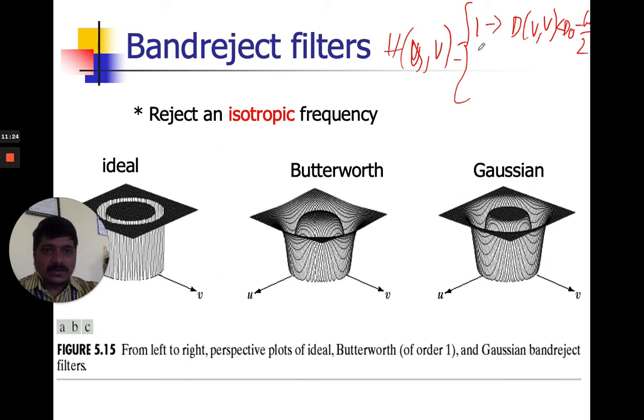It is 0 if D naught minus W by 2 is less than or equal to D of u comma v, which is less than or equal to D naught plus W by 2.